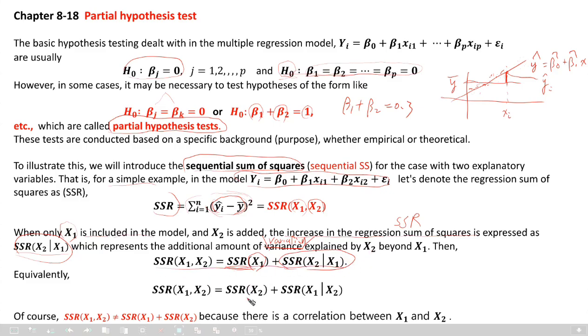Equivalently, the order can be changed. X2 is the first choice in the model, and after then, x1 is added. So this also holds. It means the order of explanatory variables is not important. Of course, SSR x1 x2 is not equal to SSR x1 plus SSR x2, because there is correlation between x1 and x2.